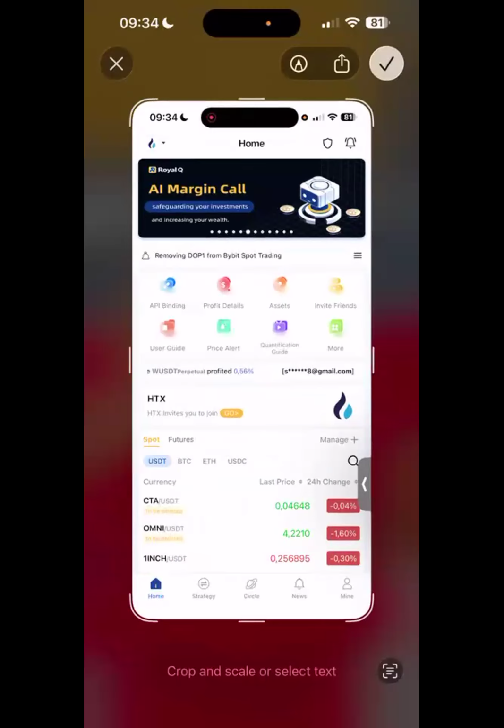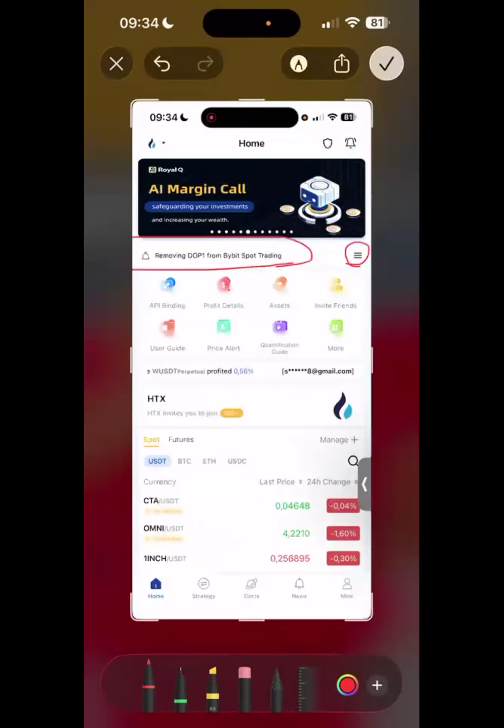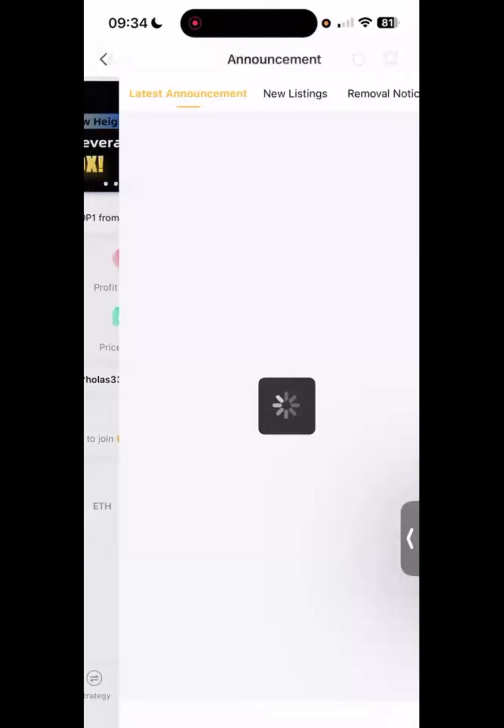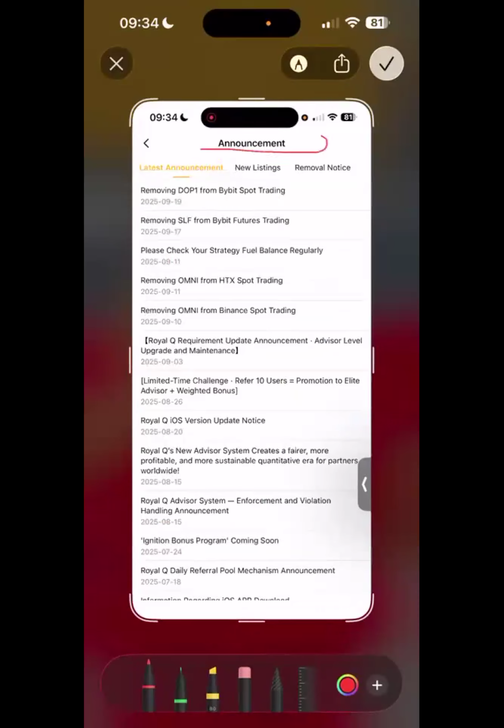You can see a notification bell here. And also these 3 lines in the corner, there is like a menu. When you tap on it, it brings you to the announcement tab where you can see the latest announcement, the new listings, and the removal notice.